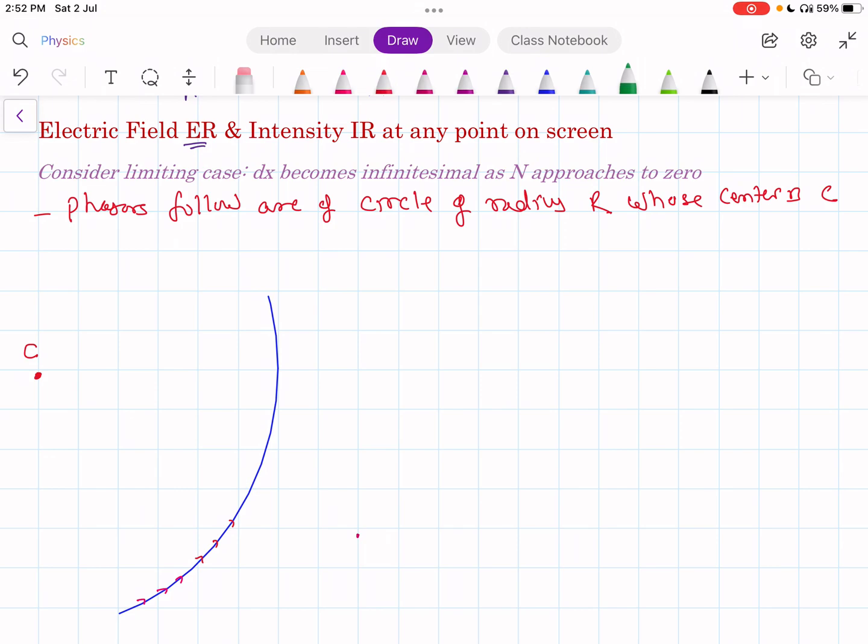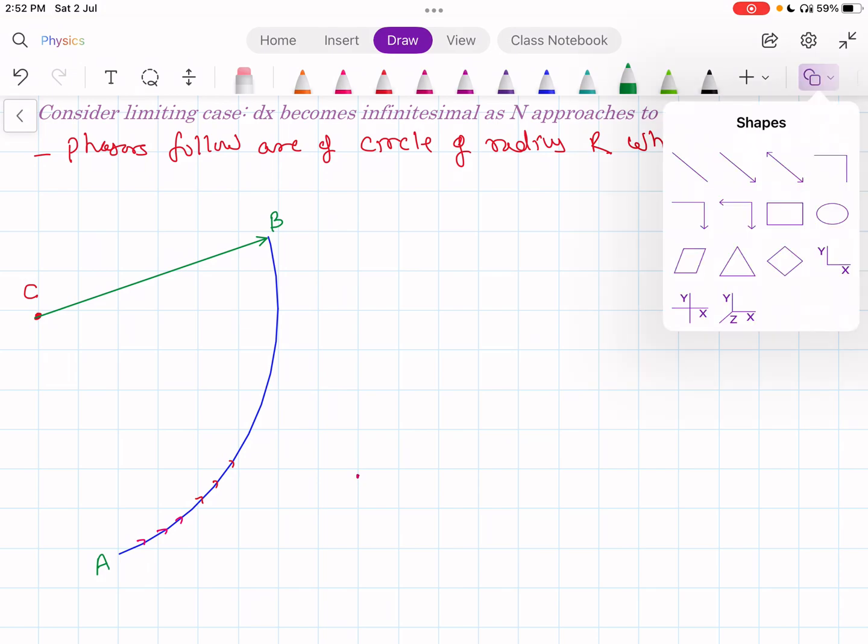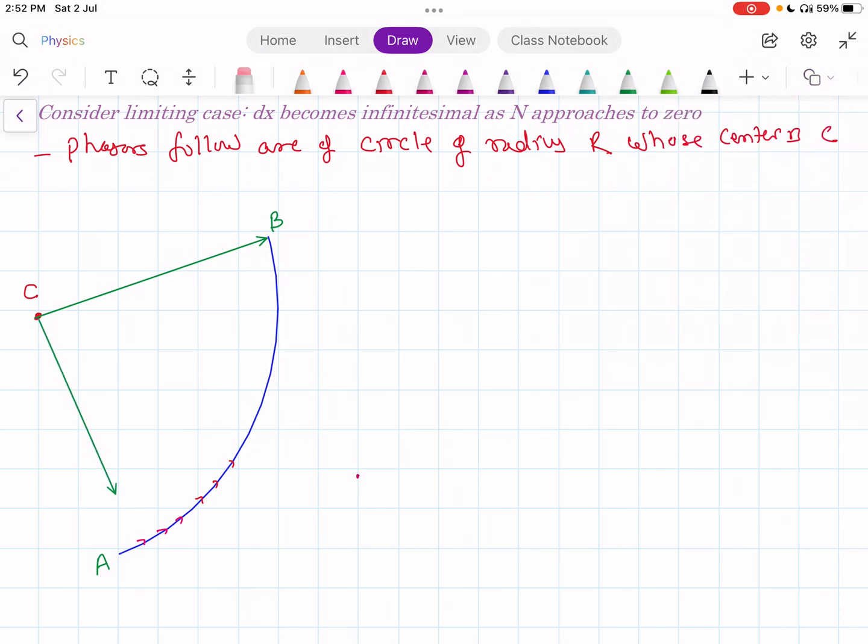And the radius of that is R. Let us say that this point is A, this point is B, and I am joining point A with the center of the circle of which this arc is a part. The distance CB is nothing but the radius of that circle. Similarly, AC is also a radius of that circle.